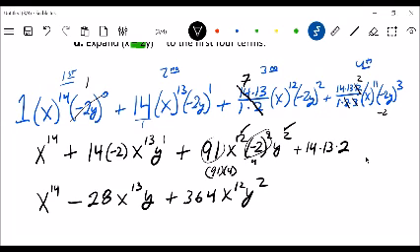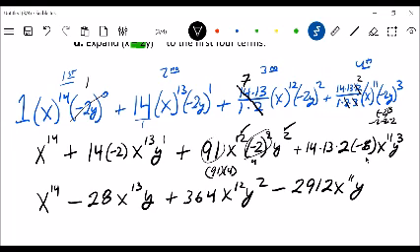And here we have negative 2 cubed. Well, negative 2 times negative 2 times negative 2 is negative 8. And then we have x to the 11th and y cubed. So the negative makes this one minus, and 14 times 13 times 2 times negative 8 comes to 2,912 x to the 11th y cubed.